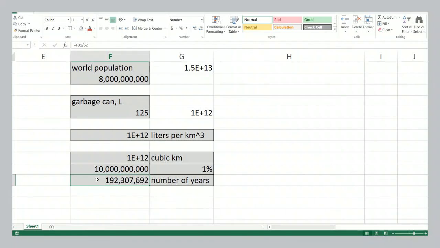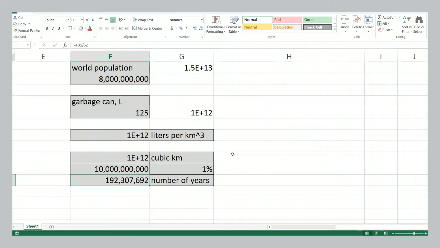So if every person in the world produces one of these outdoor garbage cans worth of garbage every week. Now you have to be very inefficient to do that, right? No recycling, no reusing anything, no compost, just everything you're not using anymore, you're throwing it out. Then maybe each week you'll generate one of these garbage cans full of garbage.